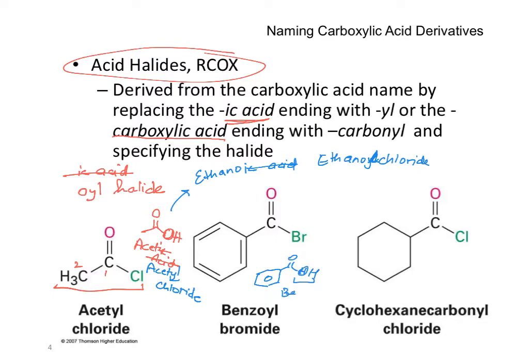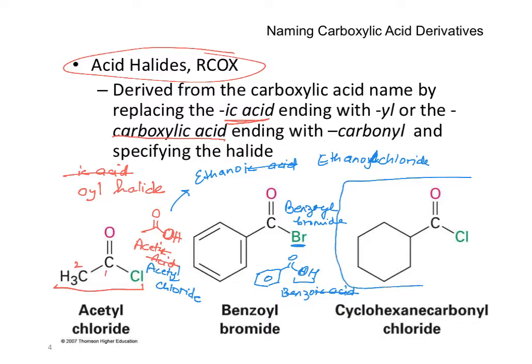I'm going to drop the ic acid and replace it with the Br, so I'm going to call it benzoyl bromide this time. Again, oyl, OYL, is how you would end it, because you drop the ic and then the acid that was replaced with yl and then the name of the halogen atom.